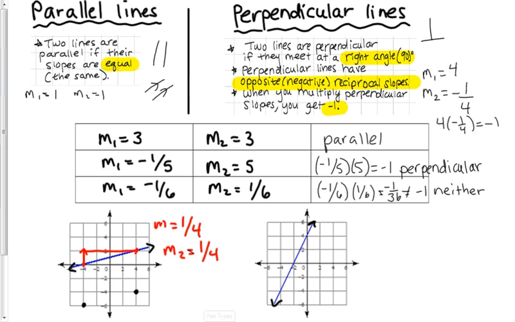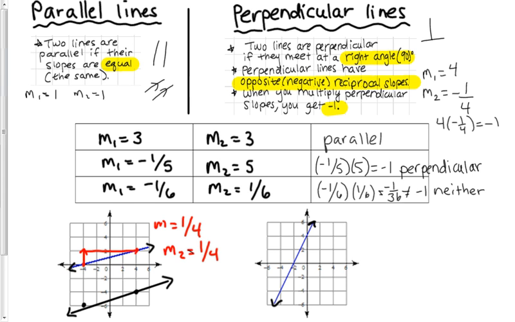Okay? And then I'm going to draw my line. It doesn't go exactly through those points, but if it did, those lines would be parallel. Parallel lines never intersect, so those two lines would never intersect.